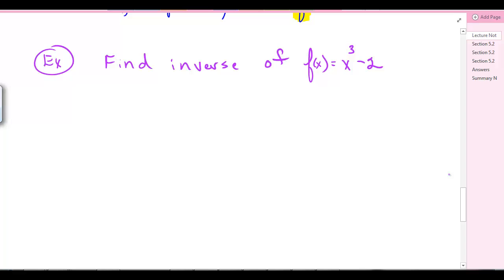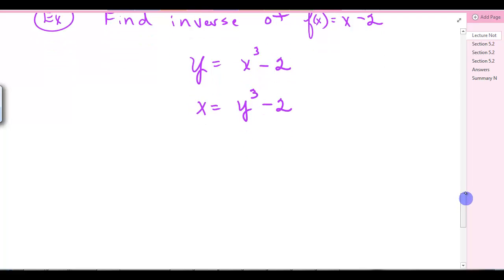So the first step says replace f of x with y. So we have y equals x cubed minus 2. Then we interchange the x and the y. So we have x equals y cubed minus 2. And now we're going to solve for y, which means I would add 2 to the other side.